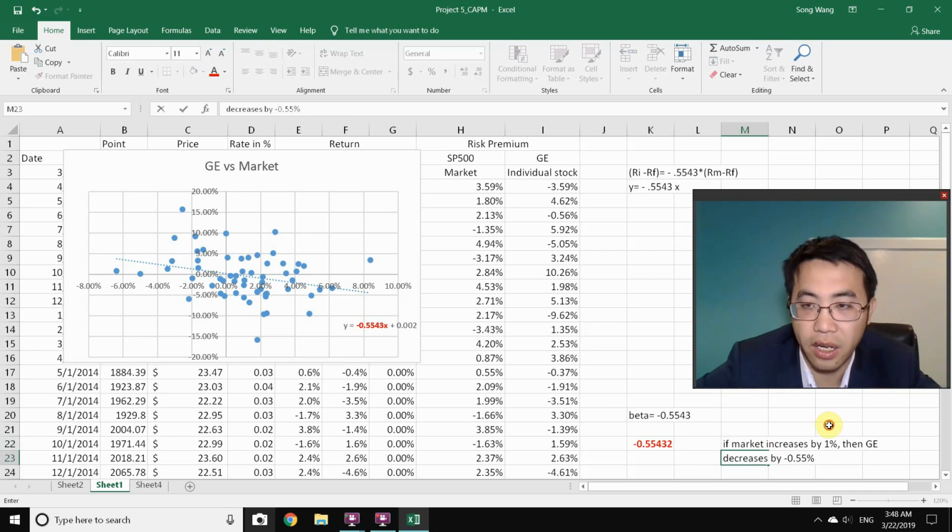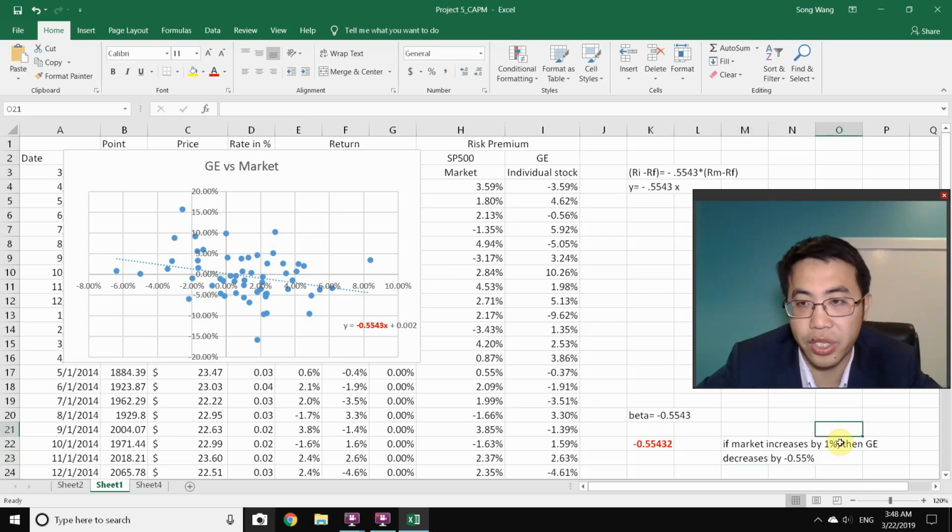So that is saying GE moves in the opposite direction compared to the market. If the market is moving up, GE is moving down. If the market moves 1%, GE moves about 0.5%. So not only is GE going the opposite direction, but it also has smaller movements compared to the market, or you can say GE is less risky compared to the market.